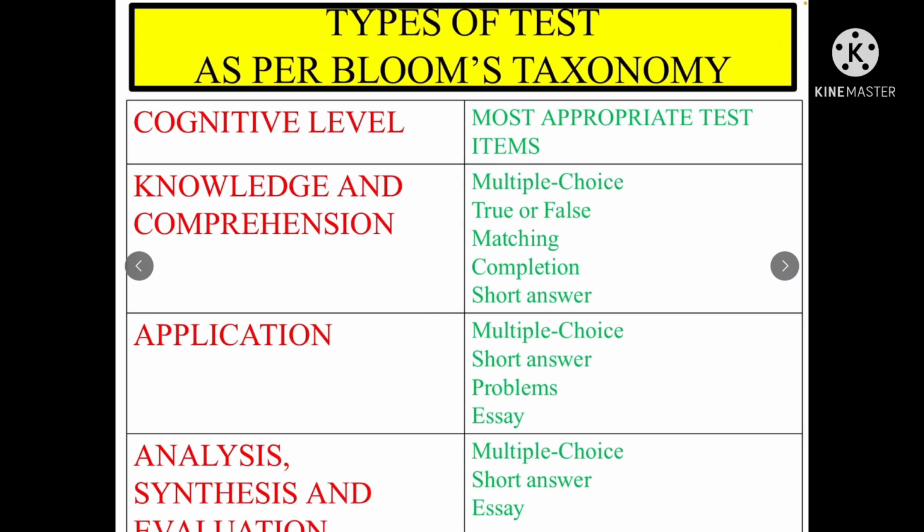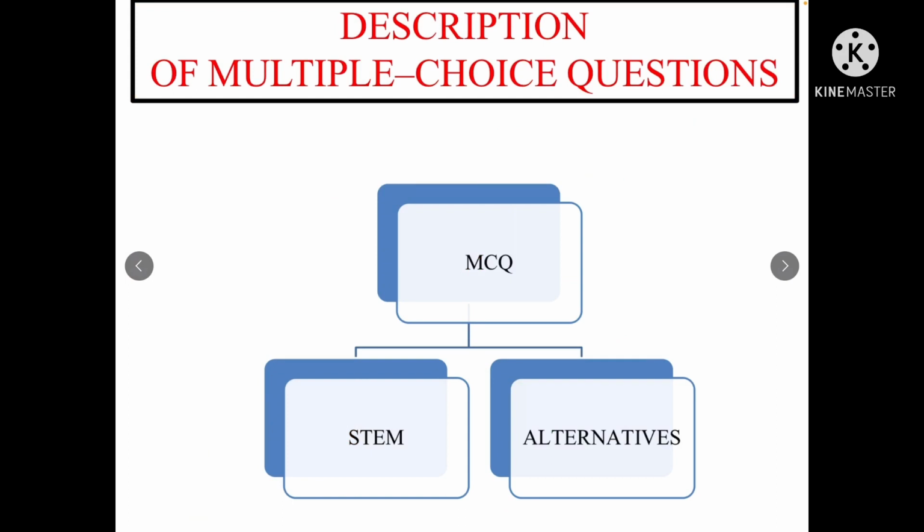Now the question is, what is a multiple choice type question? What are the different types of multiple choice type questions? And what are the parameters on which we should focus to frame good multiple choice questions? A multiple choice question test item consists of two parts, stem and alternatives.